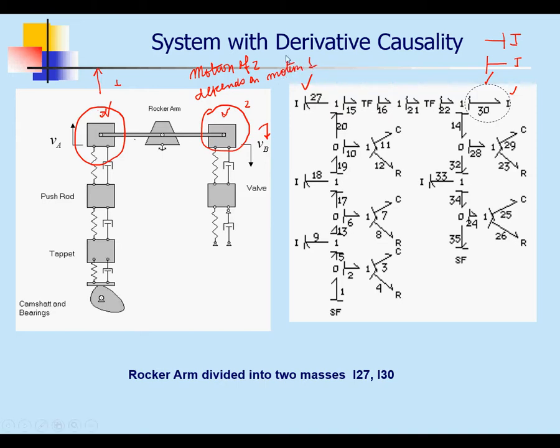Okay, right? You know the phrase that we just wrote, motion of 2 depends on motion of 1. In technical terms, we could say that the equation that controls the motion of 2 is dependent on the equation of motion of 1. It has no choice. If it's motion 1, the 2 follows.